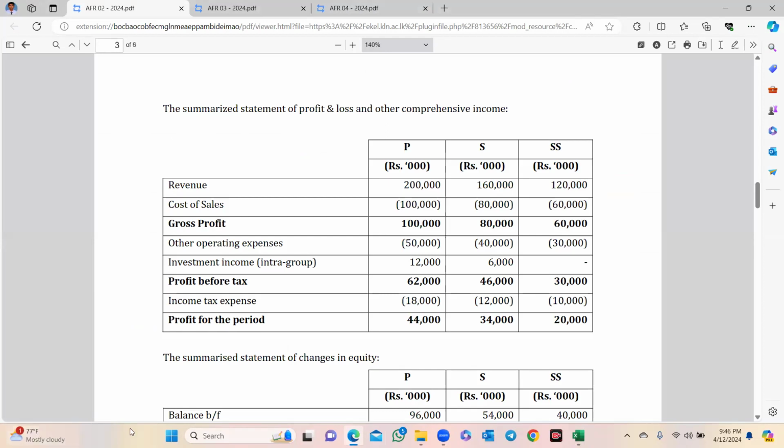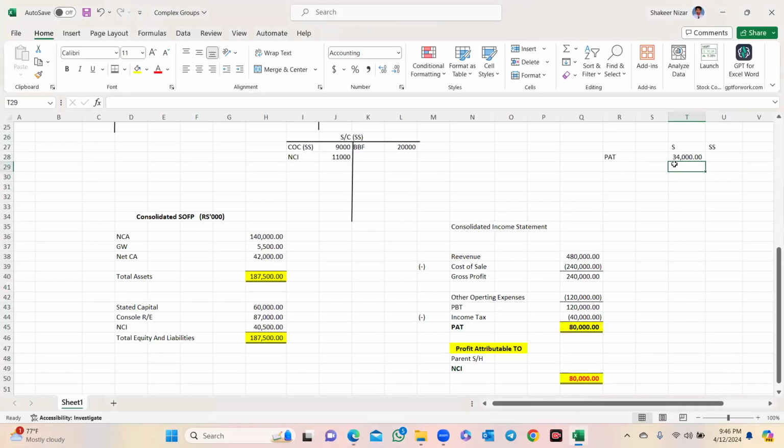Out of that 34,000, 6,000 is the intragroup investment income that needs to be eliminated. Out of that, we derive 28,000.